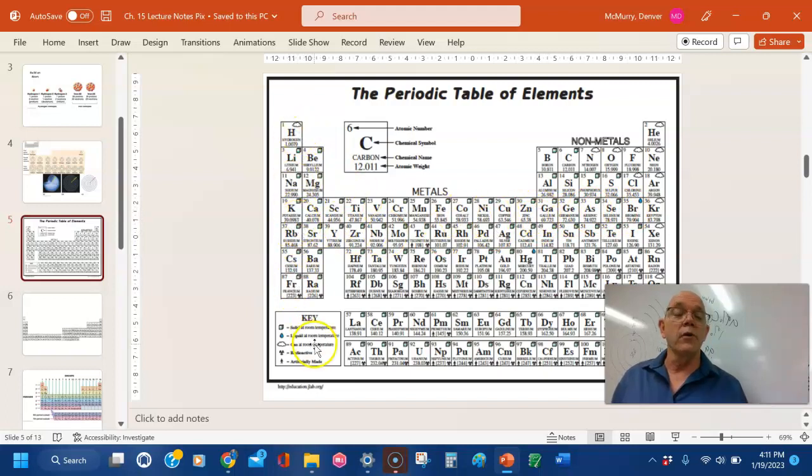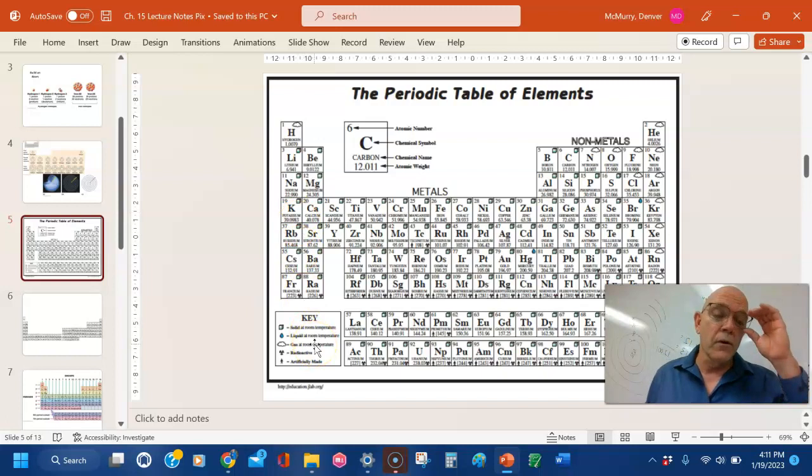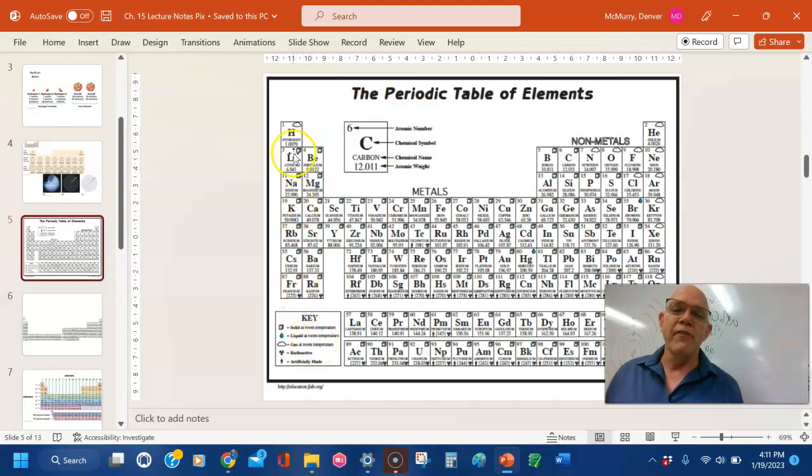The columns are called groups, or in some instances, they're called families, and they are very much like each other. I just said that wrong. The periods are not the same because they change as you go across, but the groups, the ones in the same column, have things in common.